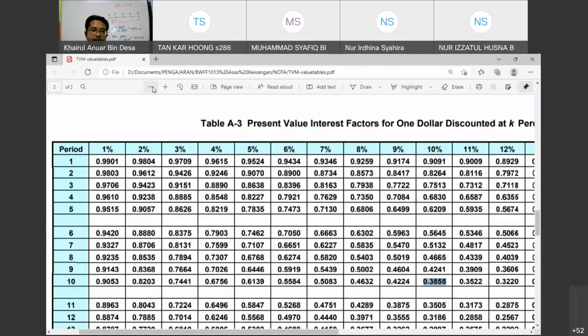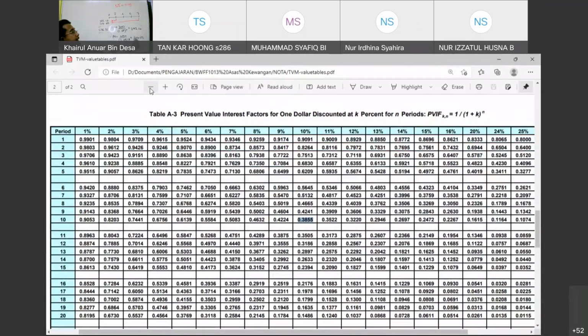Okay, present value table. 5% 2 years. 5% here and 2 years. So you akan dapat sini 0.9070. Boleh nampak sini 5% 2 years, 0.9070.